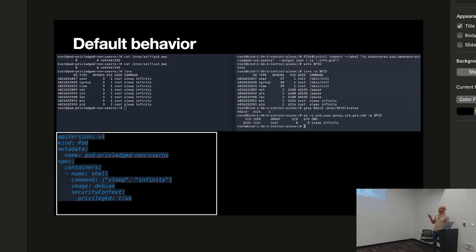But when you go to your host node or the control plane node and try to filter out the same container process using crictl, you will see that even though the process in the container has PID 1, it is actually mapped to a different PID on the host, but still you have the root user running those commands there. So essentially, the root user in your container is mapped to the root user on your host when you specify privileged true.